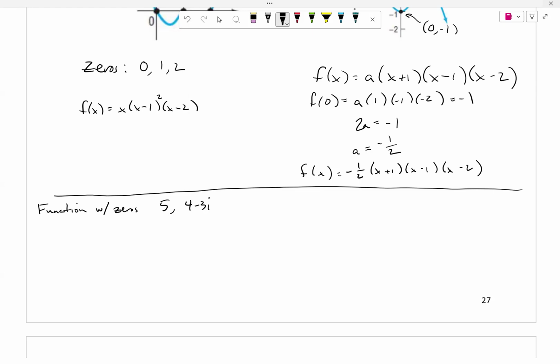I want the function with these two, smallest degree possible. Or do you want to do fourth degree? I like it. Let's do fourth degree. Thanks. That's a good idea.